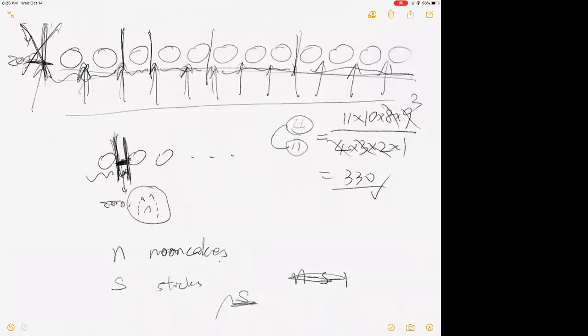So M equals N minus S minus 1. What is N? You didn't define N. I already defined it previously. So S and N are previous variables. Previously we have N mooncakes as sticks.